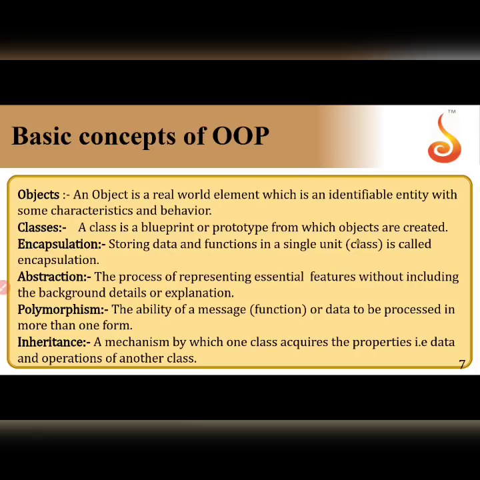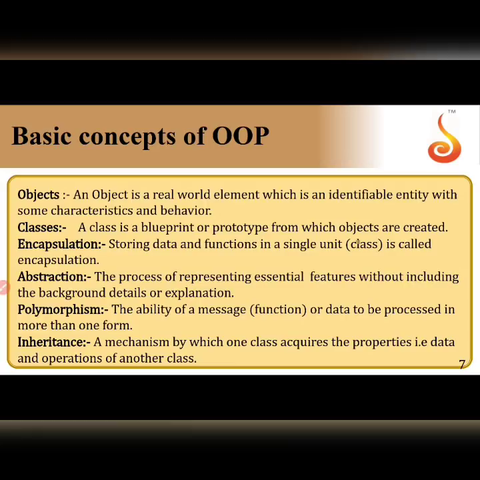Objects. So what is an object? In the shortest form, I can say it's an instance of a class, or an object is an identifiable entity with some characteristics and behavior. That is, it has its own data and methods associated with it. Then what is a class? A class is a blueprint or a prototype from which objects are created.